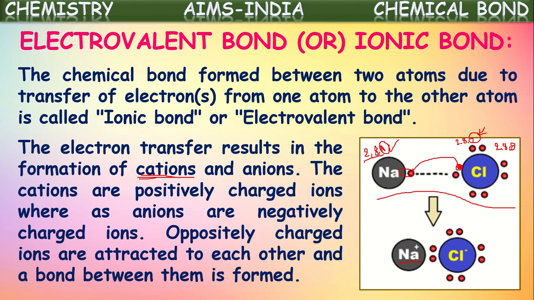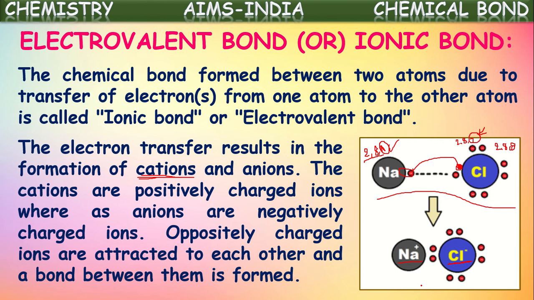By gaining electrons, elements form negatively charged ions. Cl minus ion is formed. This is called an anion. Chloride ion is called an anion. So in this way, two oppositely charged ions are formed. Between these two oppositely charged ions, a certain attraction occurs.